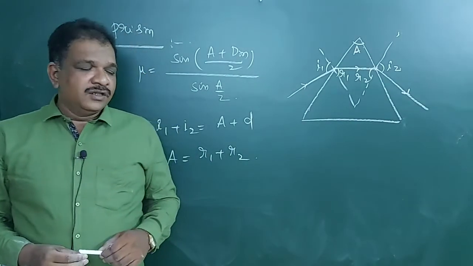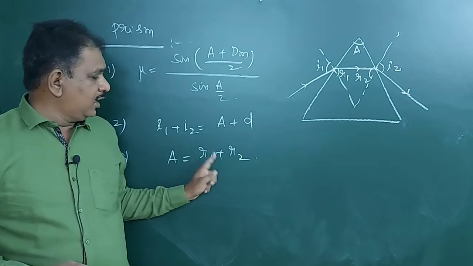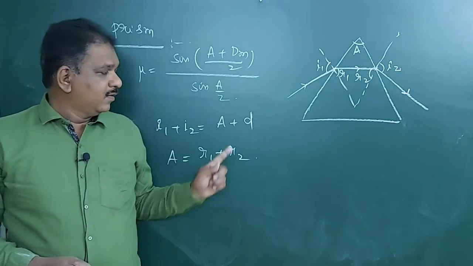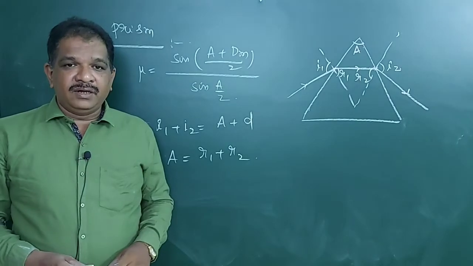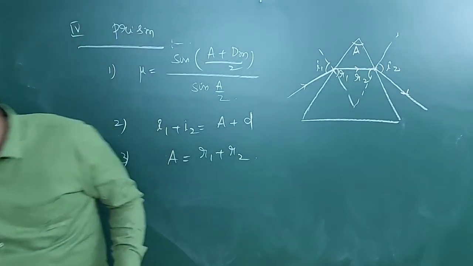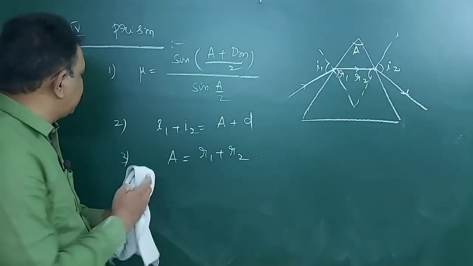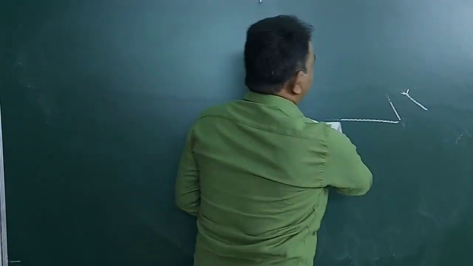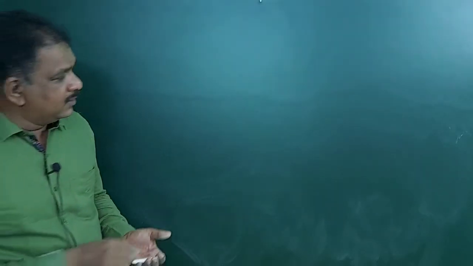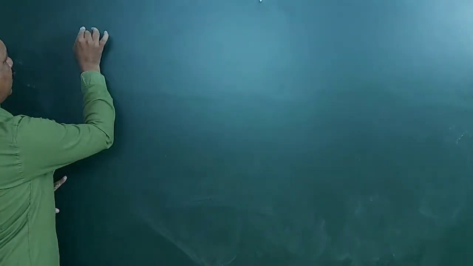In the minimum deviation position, A is equal to 2R, and I is equal to (A plus capital Dm) by 2. These formulas we will use here. And here some special cases will be there: normal incidence and grazing emergence, grazing incidence and grazing emergence. What formulas do we have to use?